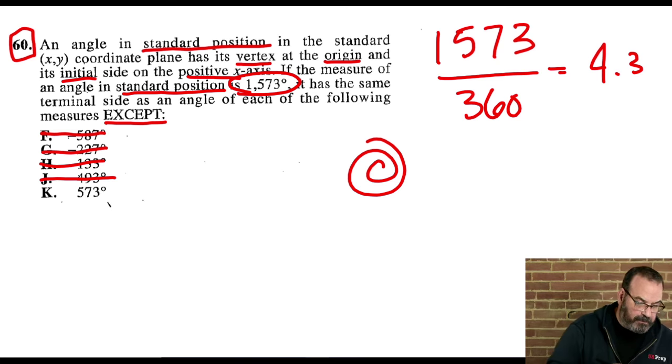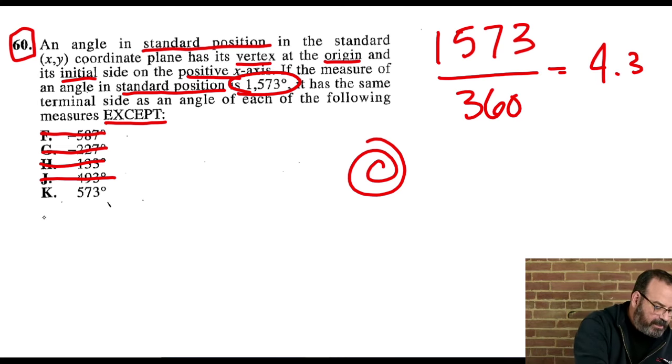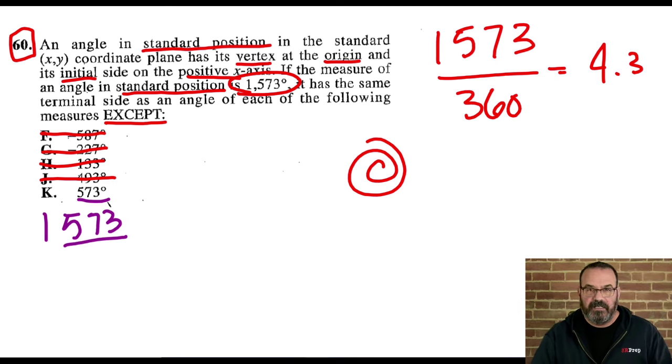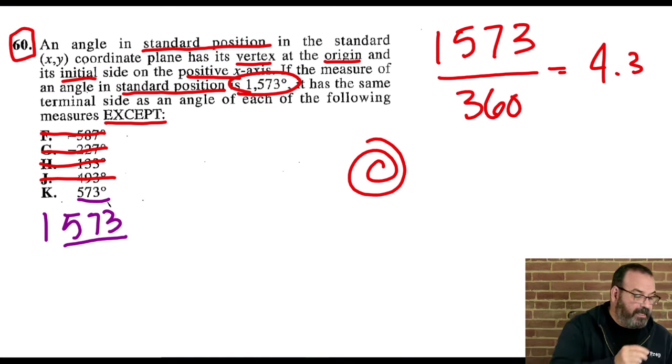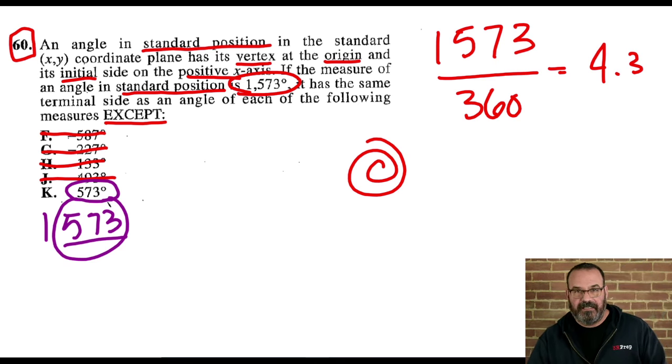And, great test prep trick, if it is a number 60 and it's talking about 360 degrees and the number is 1,573, it's not going to be 573. So you could have guessed this one if you were running out of time, because these two numbers look too much alike. And that's Unit Circle on the ACT.